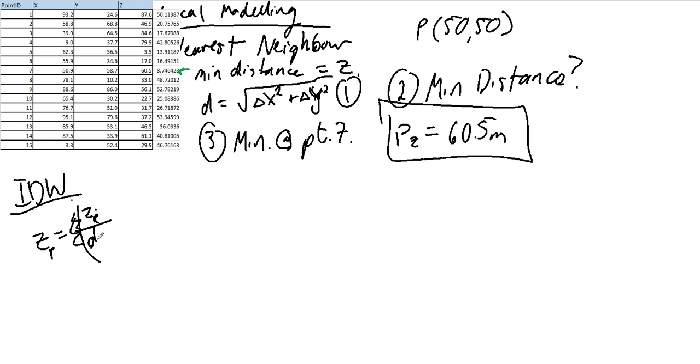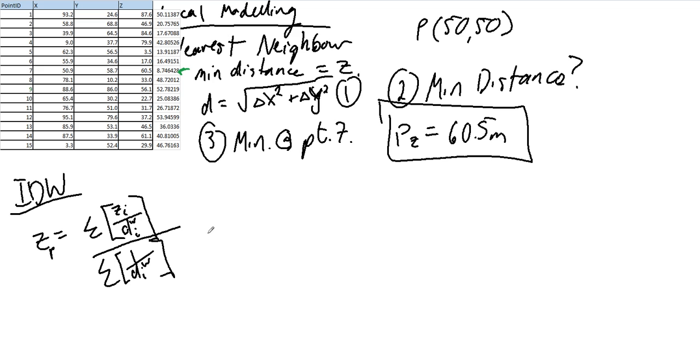Sorry, let me just totally rewrite that because that's a disaster. Okay. It's the sum of Z_i divided by D weight_i, and that's all divided by the sum of 1 over the D_i weight. Writing at an angle here. So this is the formula that we use.